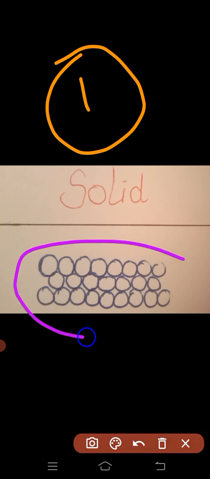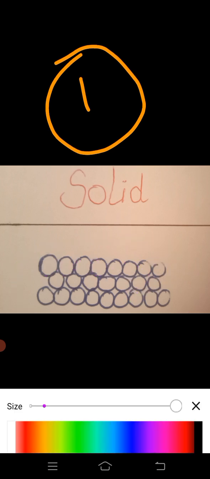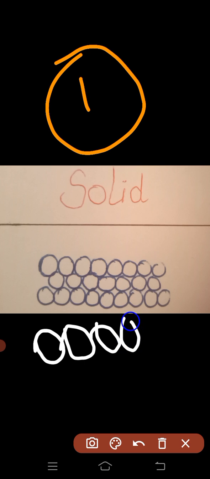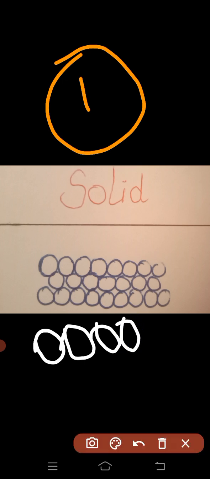You can observe in this picture that these are molecules, the little molecules. I'll draw again if you want. Yes, I will draw. This is one molecule. Molecule number one. Now observe carefully.